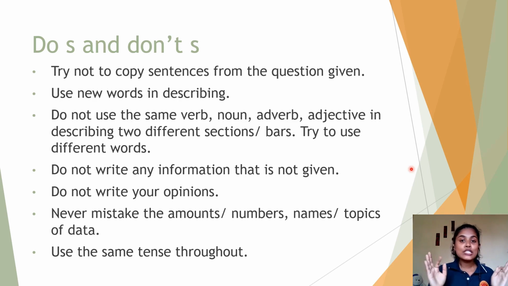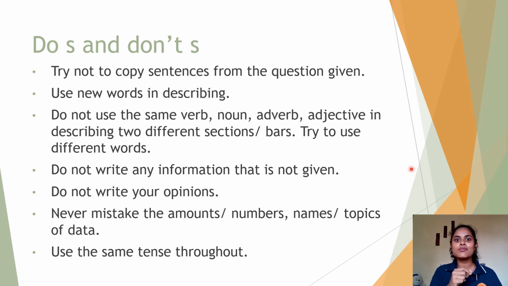So do not mistake any amounts or numbers, because it's really easy to catch marks with the amounts or the topics that are there. As an example, the maximum amount is this, so you are getting a mark for being able to identify that this is the maximum. That's how you're getting marks.